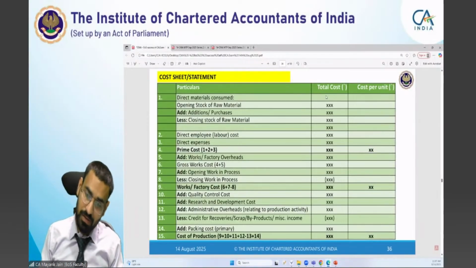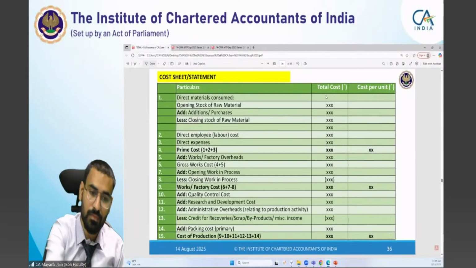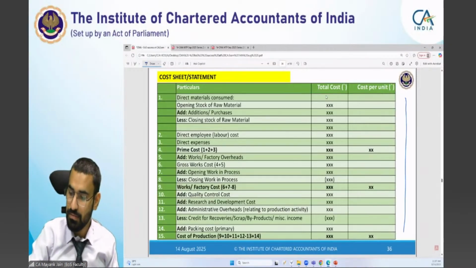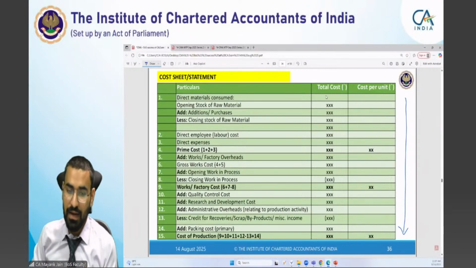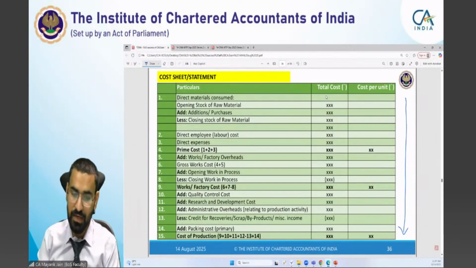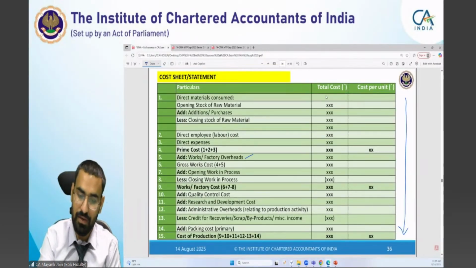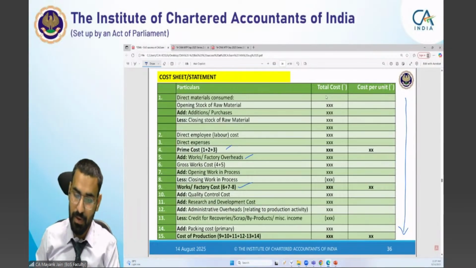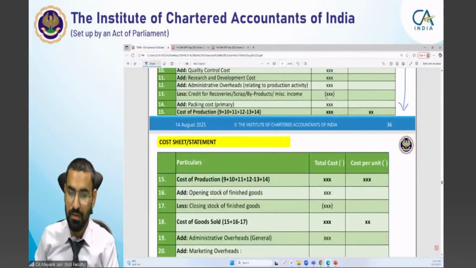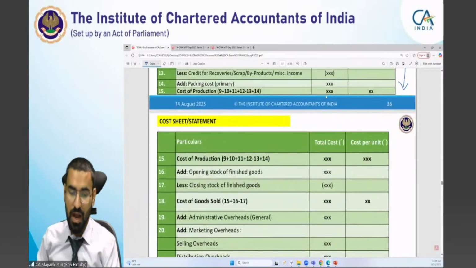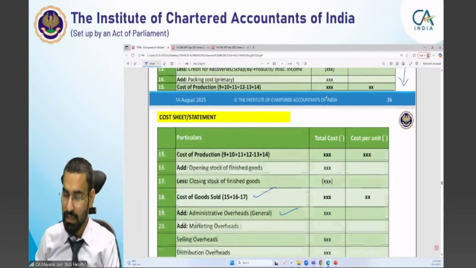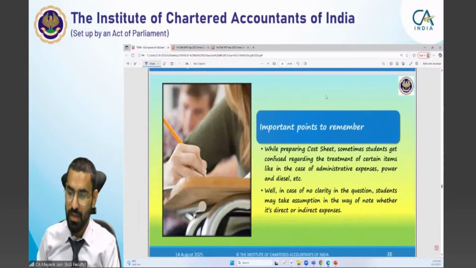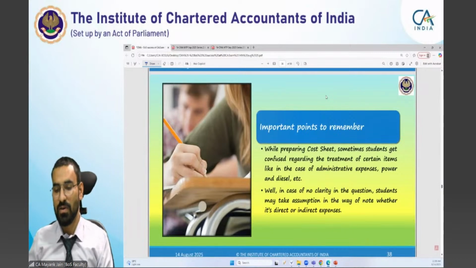You have to understand its process, how cost sheet is followed, and how any particular cost is calculated, what is covered in the factory overhead, what is covered in the factory cost, what are the parts of primary cost, what are the parts of cost in the cost of production, and what is covered in the cost of goods sold, admin overheads, and the last is cost of sales. You just have to go through each part of the cost sheet thoroughly.